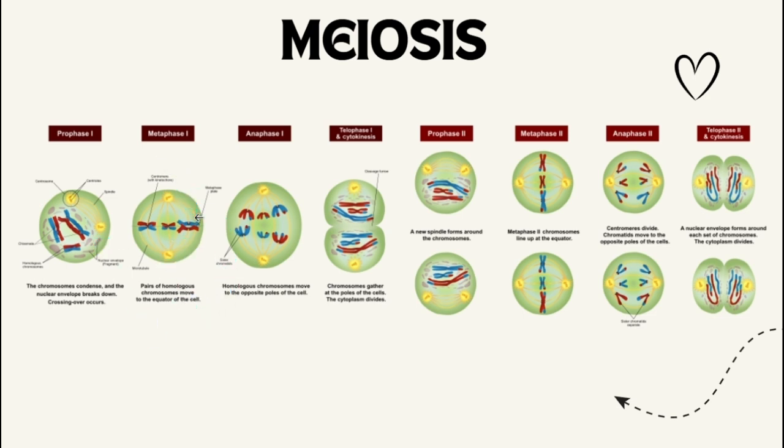In metaphase 1 you can see them line up at the equator, and if we jump ahead and look at metaphase 2, they're also lined up at the equator, but the difference is that they're lined up in different directions. You see it? They're more horizontal over here, and very vertical in the other. They line up differently.